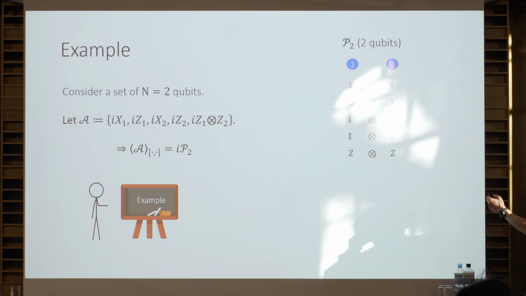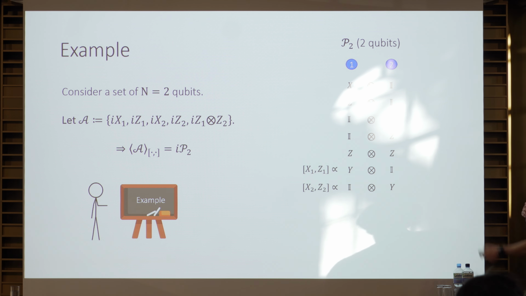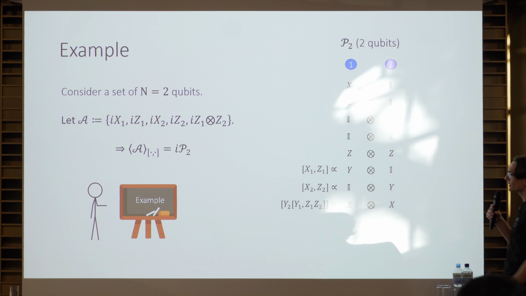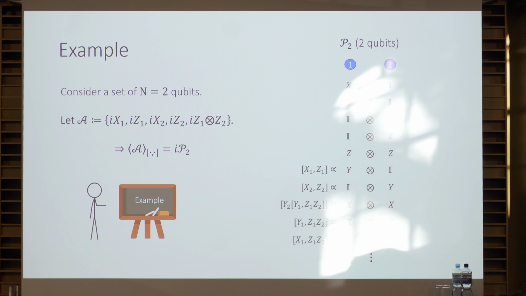If you look at this, we can go through some examples. Y is just the commutator of this. The other Y is a commutator of this. Then XX is a commutator of commutators, like this. And we can go on like this, and we find just by construction that this works.